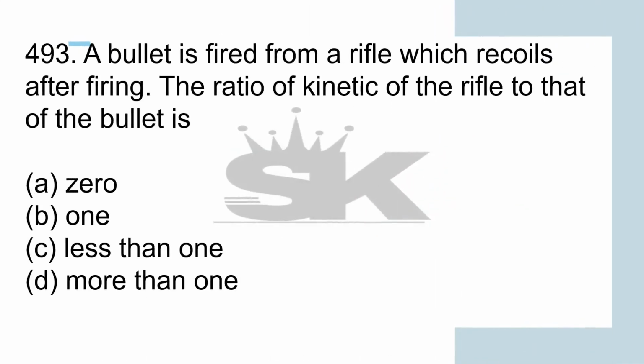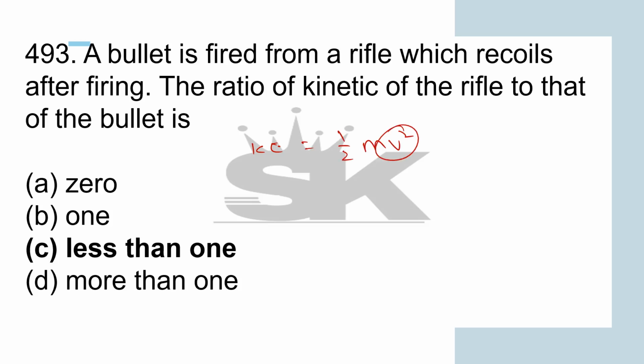A bullet is fired from a rifle which recoils after firing. The ratio of kinetic energy of the rifle to that of the bullet is less than 1. Because we know kinetic energy equals half m v square, right?